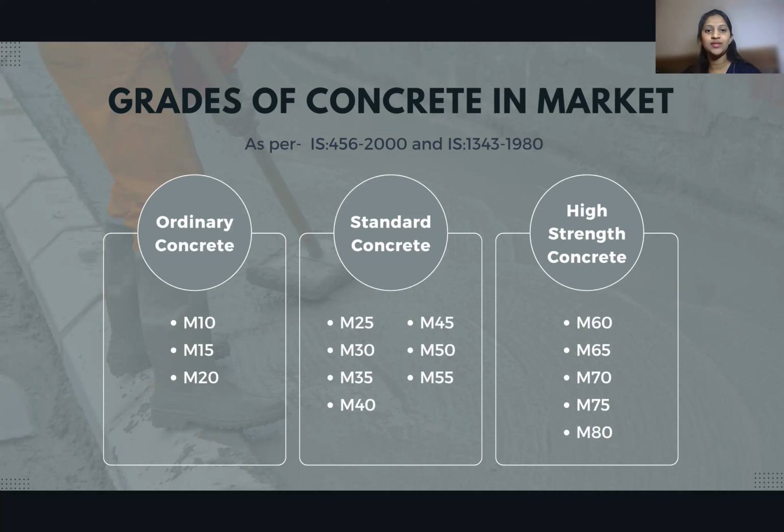So based on IS codes 456 and 1343, we have the grades of concrete that are available in India from M10 till M80. These are the various available concrete grades that are currently in the market.